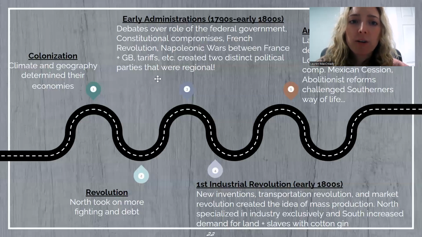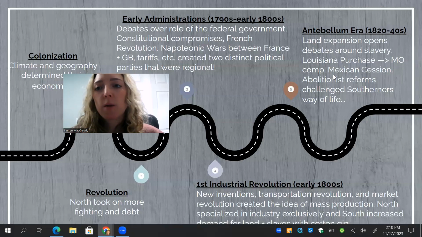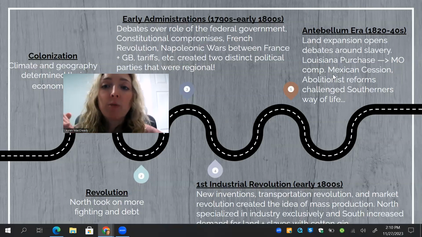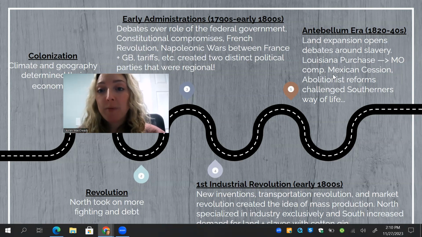And then lastly, over here, this antebellum era, every time we have new land opening up, whether that be the Louisiana Purchase or now the Mexican Cession, the next question is always, is it going to be free or slave? So it always opens up that debate. And so far, the federal government has been the one to make that call and slap the Band-Aids on it, like the Missouri Compromise. But we start to see in the antebellum era, the Second Great Awakening and the antebellum reforms inspired by that, these early abolitionists.